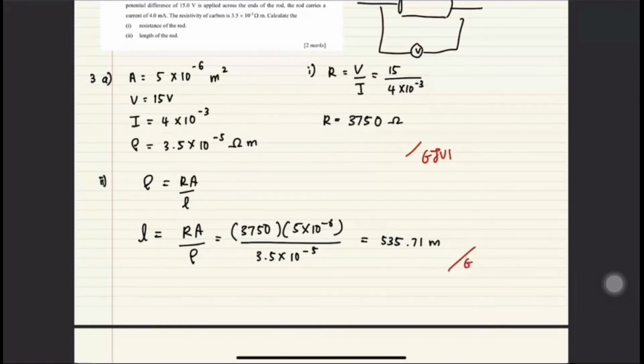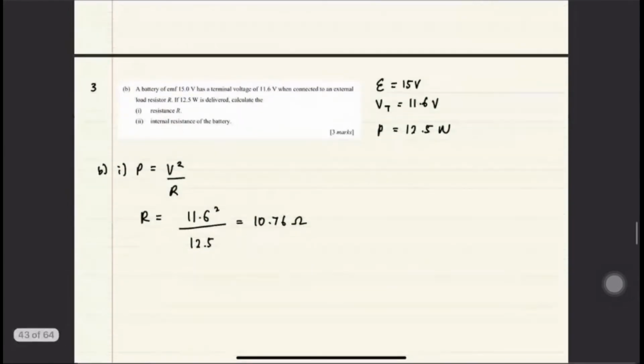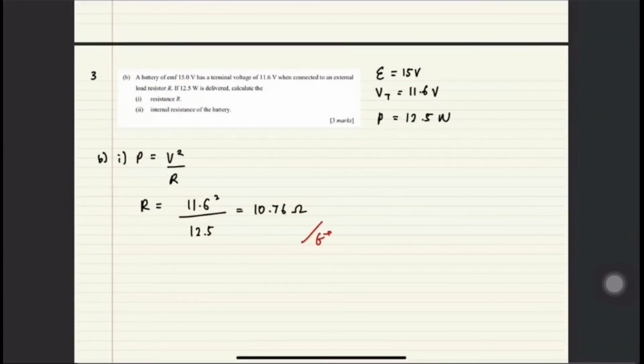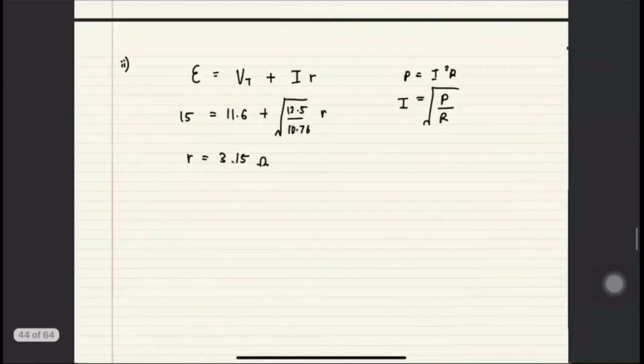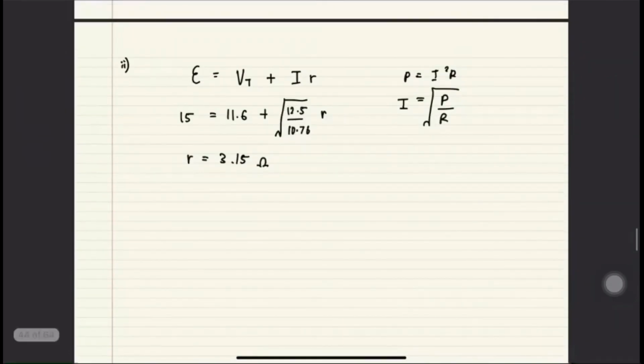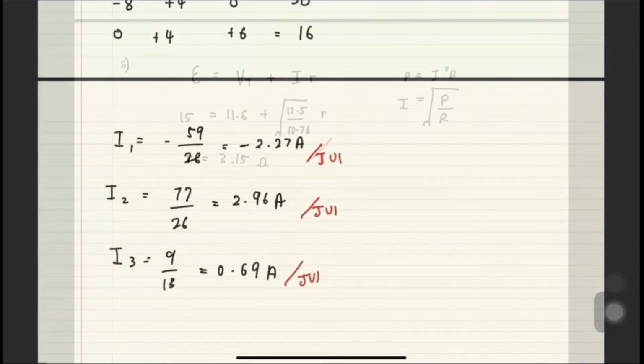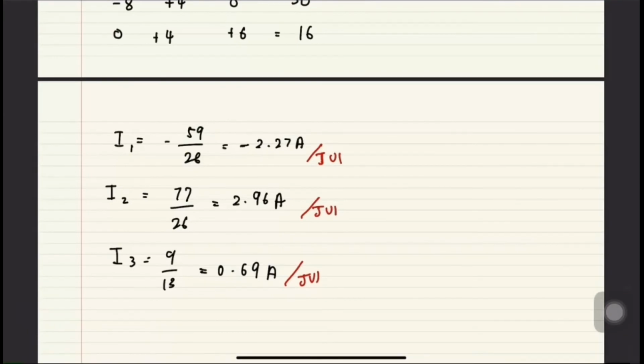Itu pendek GJU1. Maksudnya the whole thing tu 1 markah je. Same goes with this one. GJU1. Okay, yang ni je ada gantian. And then final answer tu this one. Okay, that one's for question number 3.